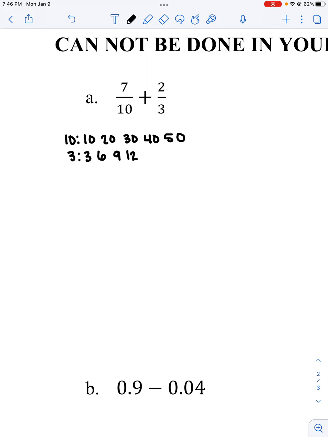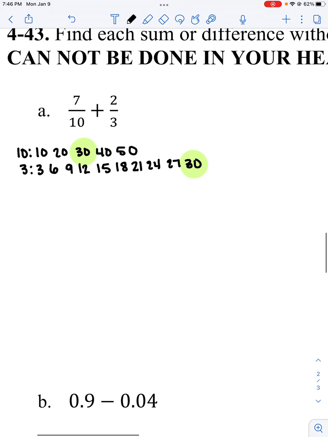I'm going to count by threes. 3, 6, 9, 12, 15, 18, 21, 24, 27, and 30. 30 is my first common multiple, so that's my least common multiple.